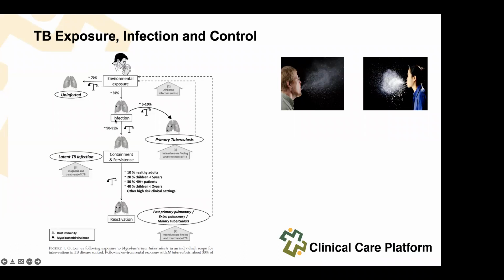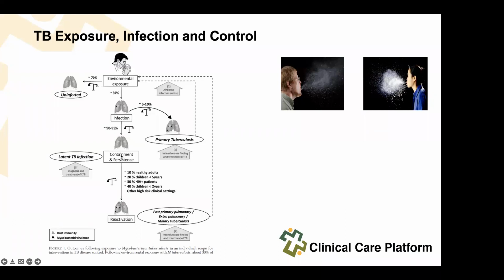Now, of the 30% who became infected, around 10% or less would have immediate TB disease, which we call primary TB. And if we are not able to timely identify them, they can continue to spread it and infect more and more people, and the cycle is maintained. Our interest today is this 90 or 95% who, after becoming infected, are able to contain the disease, right?